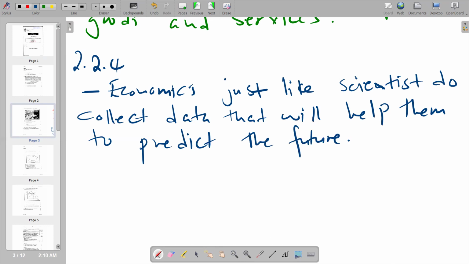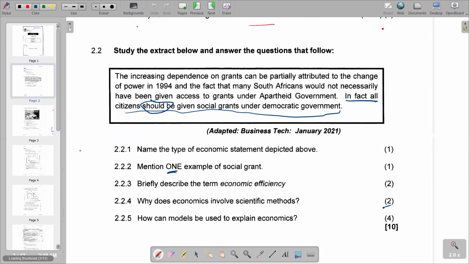So this is the reason why we have economics involving scientific methods.